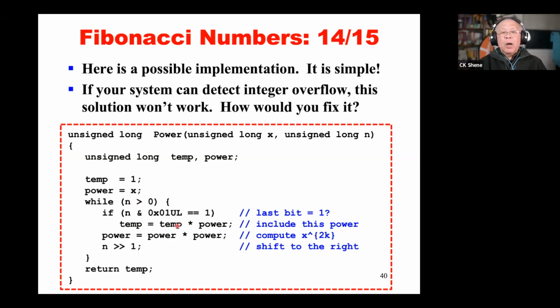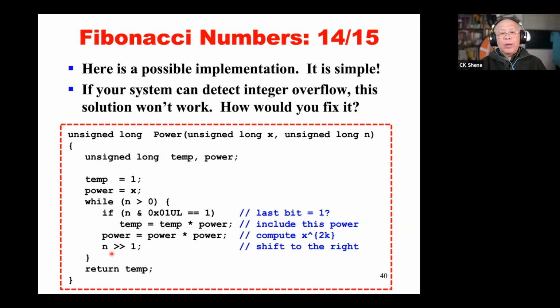So we multiply the current power to the currently accumulated results. And then we square the current power to become the power to be used in the next iteration. Then we shift the bit pattern of n right by 1 bit. So isn't it very simple?